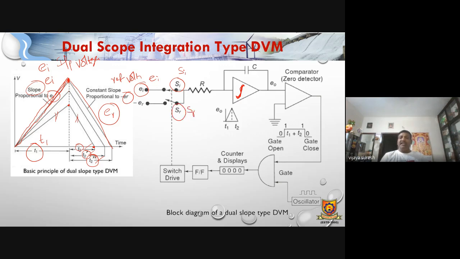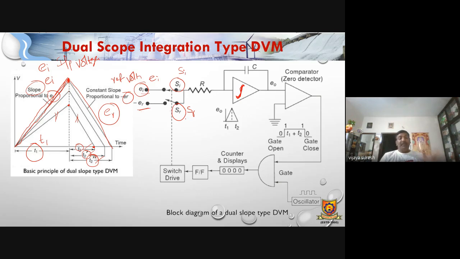Here we are using a switch: either we can connect to the input signal or to the reference signal. Here we are taking the input signal as a positive value and the reference signal as a negative value, whenever we are measuring positive voltages.